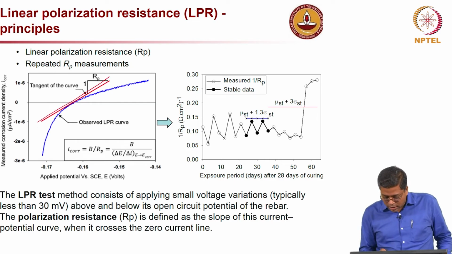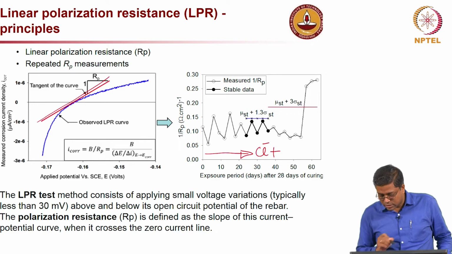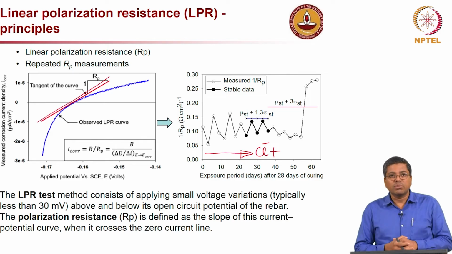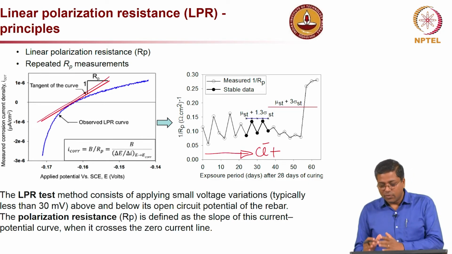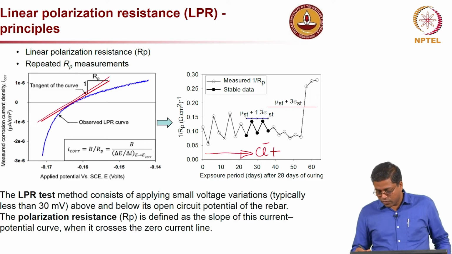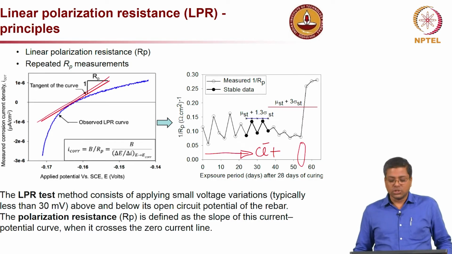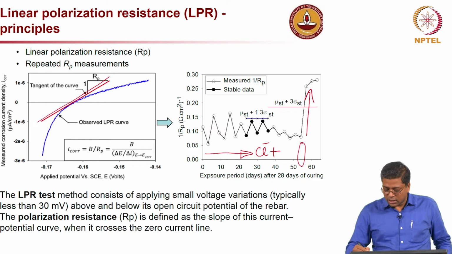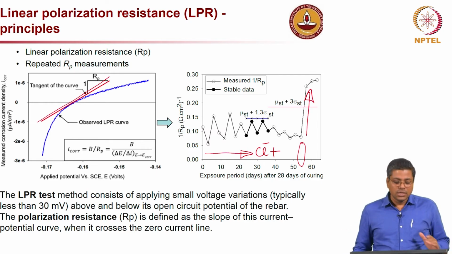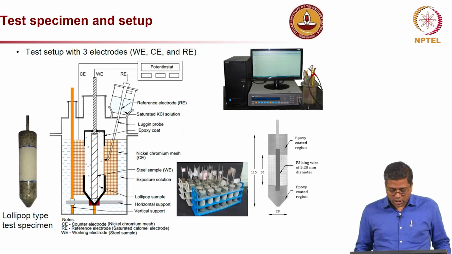As you see here, from here to here the chloride concentration keeps on increasing. We are exposing the specimen to more and more chlorides, and at one particular time the amount of chloride is equivalent to the chloride threshold, and at that moment there is an increase in the corrosion rate, and that is how chloride threshold can be determined.